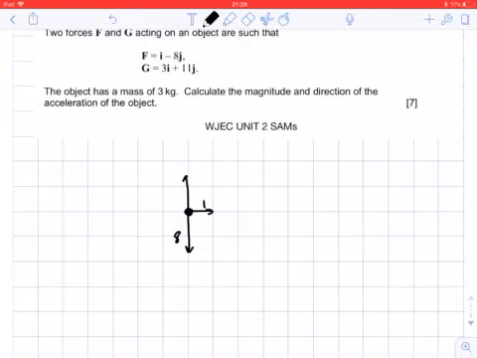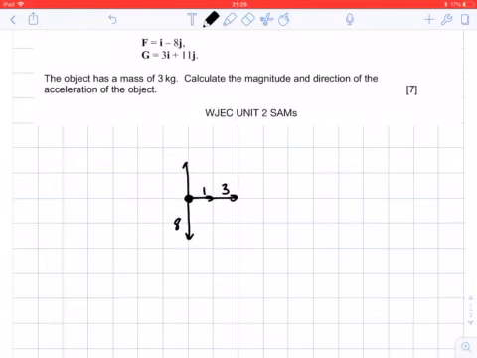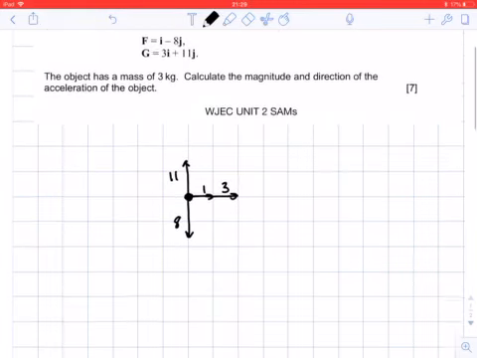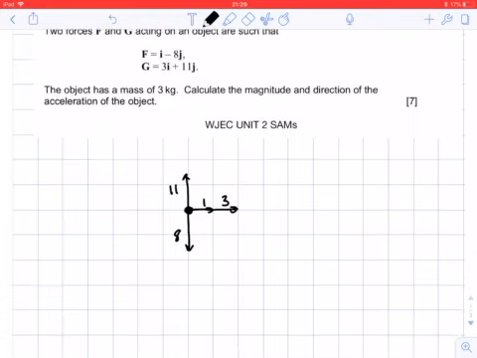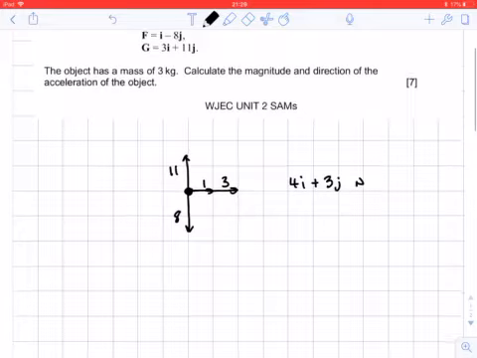Then G is 3 in the i direction and 11 in the j. So when I come to look at these forces as a whole, the overall force is going to be 4i, 3 plus 1 in the i direction, and we've got 11 minus 8, so that will give us 3j newtons overall acting on this object.